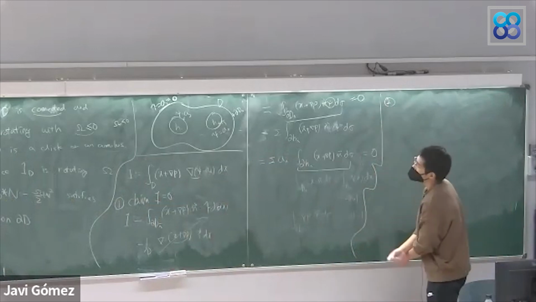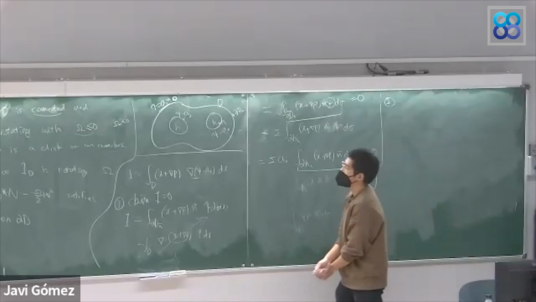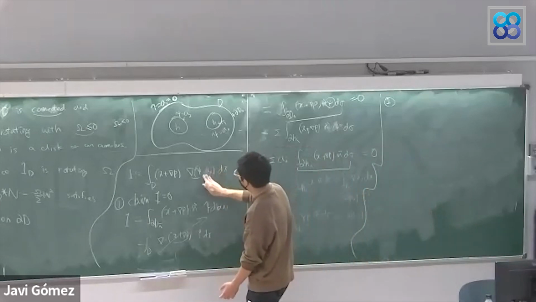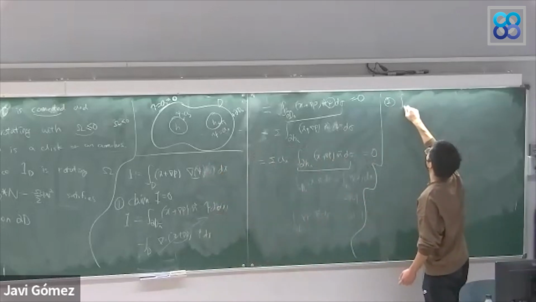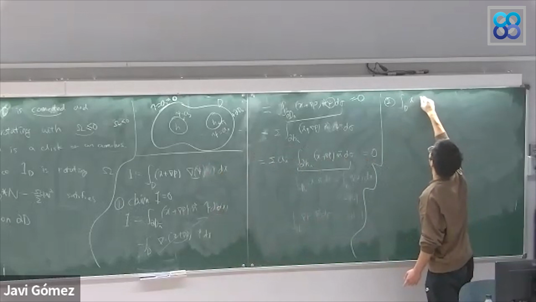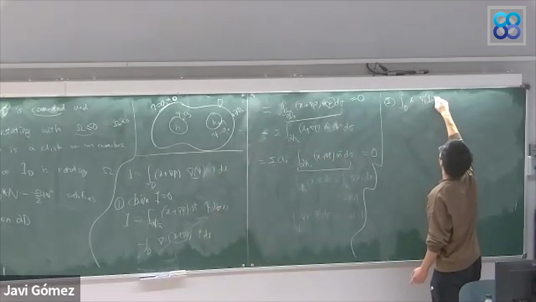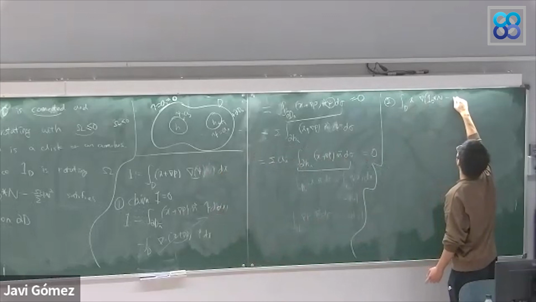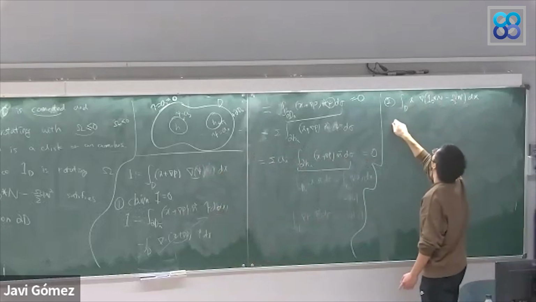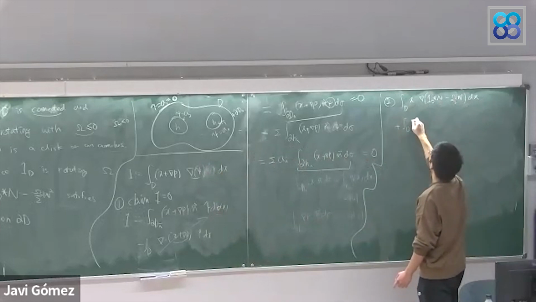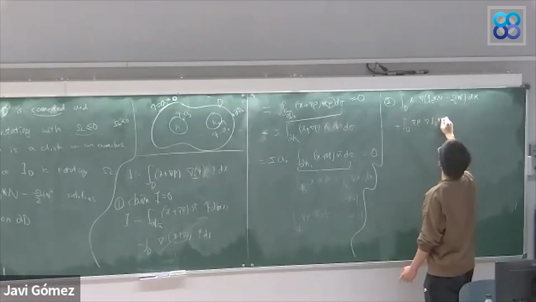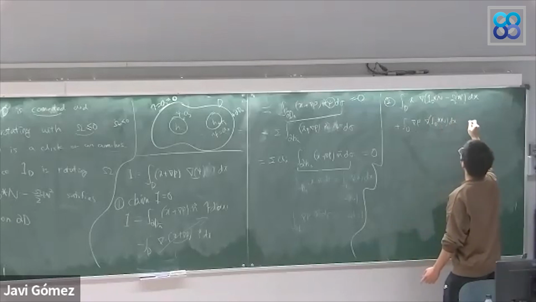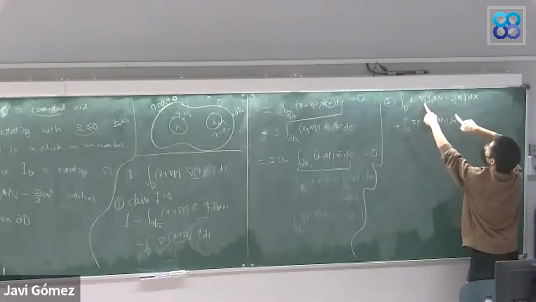So now we split. Let me erase this part here, and then let me split I into the following. So x times the gradient of psi minus omega over 2 x squared dx, plus the p term.